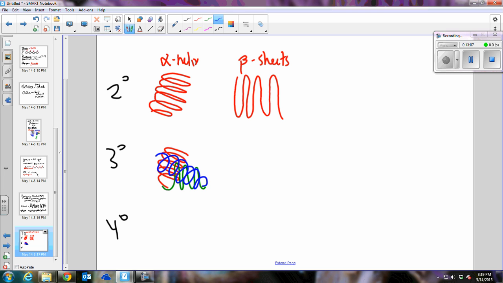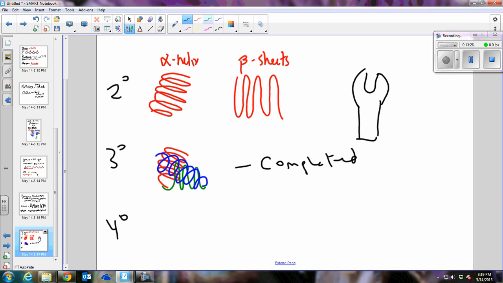And the tertiary structure, in some cases, is the completed protein. Proteins have a shape, and that shape dictates what they do. A wrench has a shape, and that shape dictates what it does. This particular wrench won't do much because it looks like it's bad. All right, and so proteins have a shape.